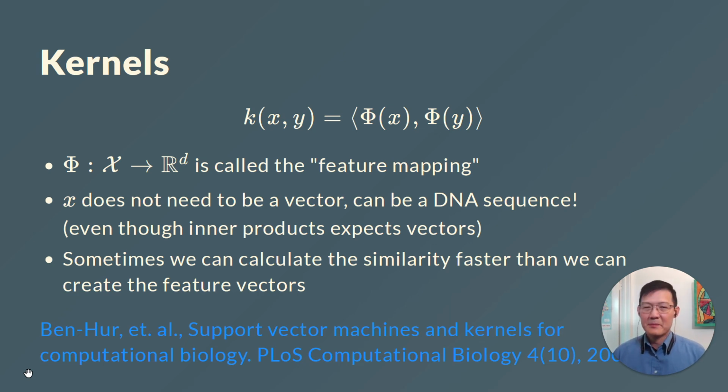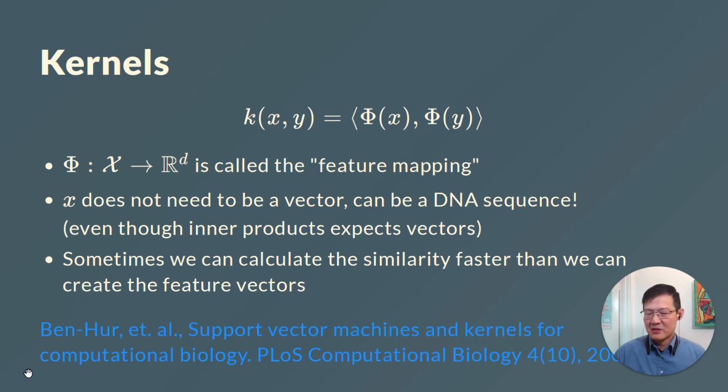But it turns out that computationally, you can compute the object on the left, the inner product of the mapped objects, sometimes faster than doing it on the right side. When I say faster, I mean the number of computational operations for computing the similarity is smaller than actually representing the objects as vectors and then computing that inner product.